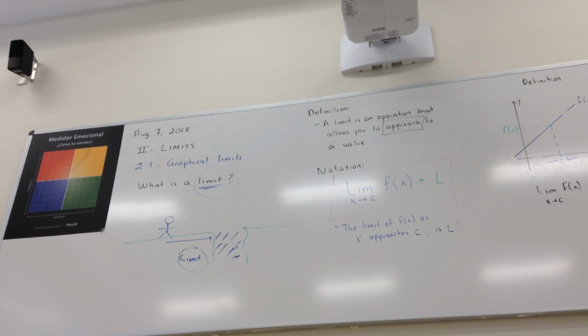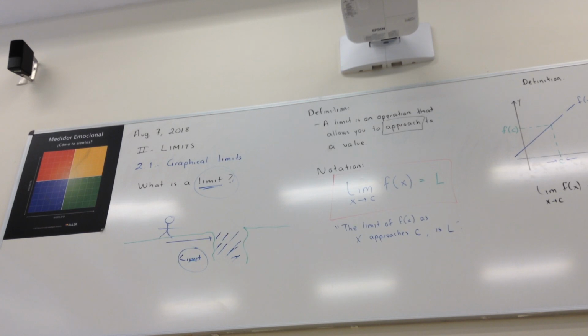Okay, so in this case, this little plus means that you're approaching from the positive side, from the right side. What does that mean? Or what's my answer here? In this case, I'm not approaching from both sides. It's just from the right side. So I'm taking the right side of the graph.